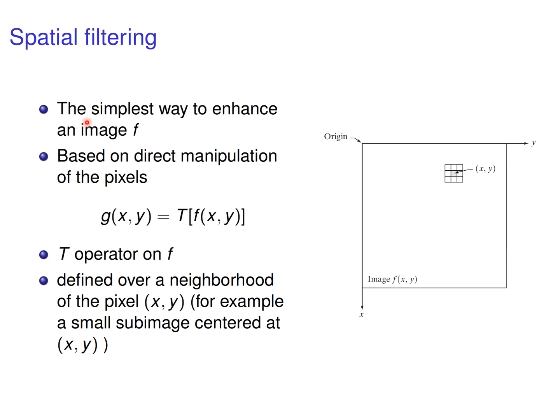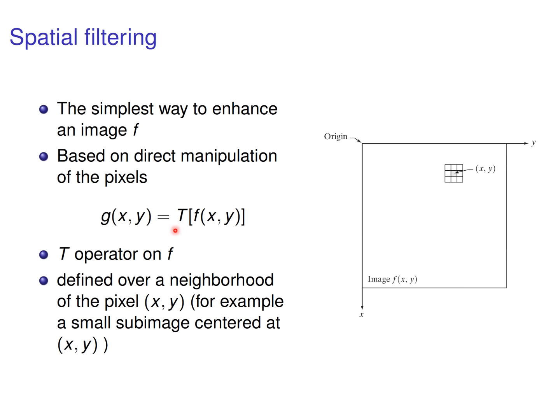Let's say the simplest way to enhance an image. Let's say you have this x and y spatial scene, and you have a pixel here, x and y, from your image, based on direct manipulation of the pixel. If you perform a mathematical operation on the pixel or one of the pixels, that is called spatial filtering or direct manipulation.